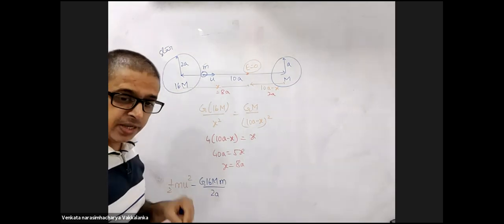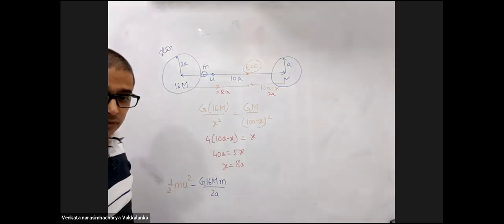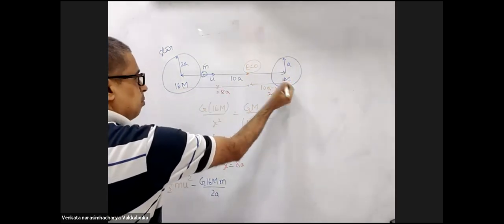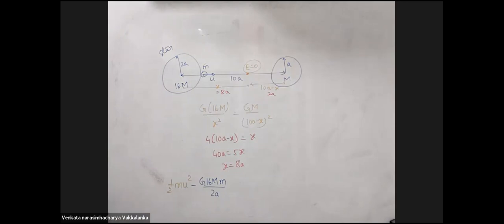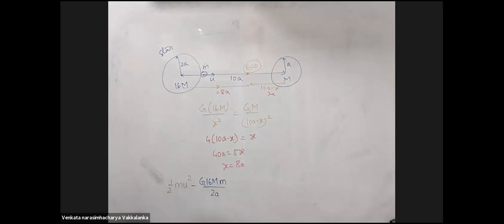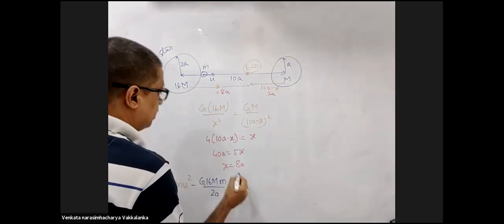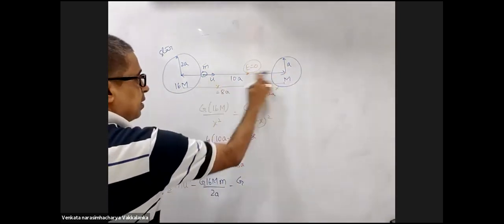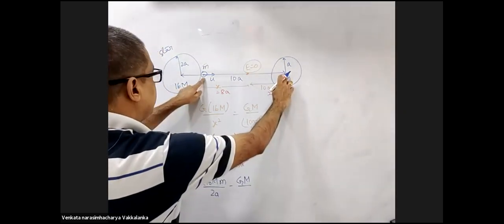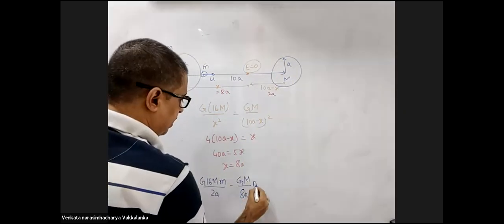This is the second place where many students fall for this. They forget to take the potential energy between small m and capital M. Minus G, because of capital M, the distance from here till here is 8a, capital M by 8a into small m.